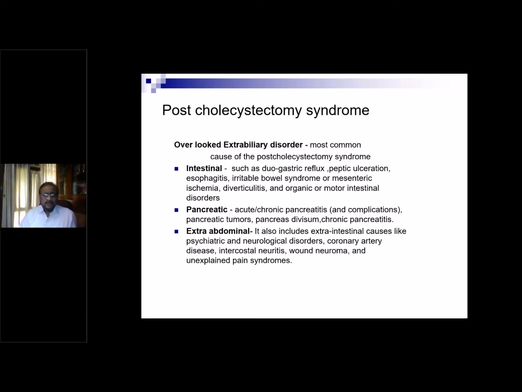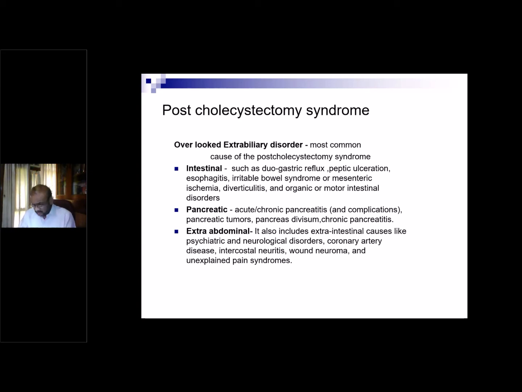Okay. Now, what is the post-cholecystectomy syndrome? This is a term which is very commonly used now. The most common cause of post-cholecystectomy syndrome is an overlooked extrabiliary disorder. What does that mean?